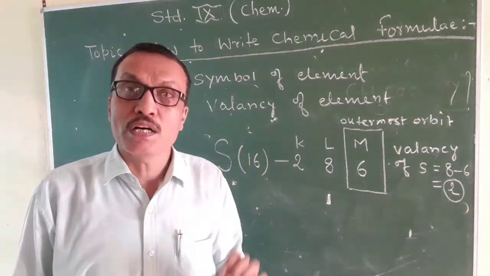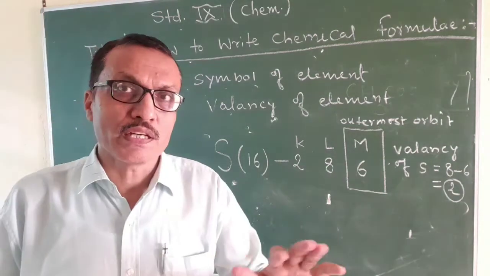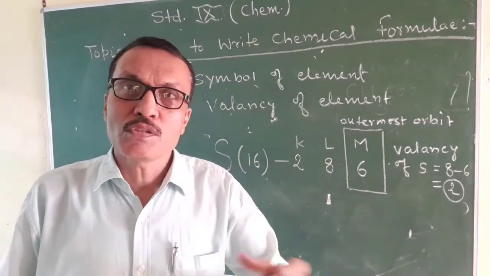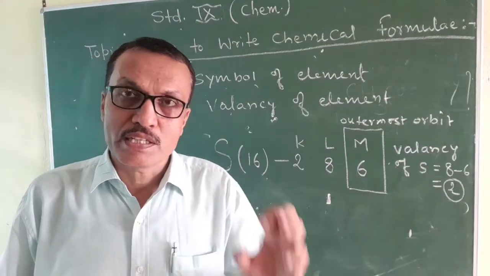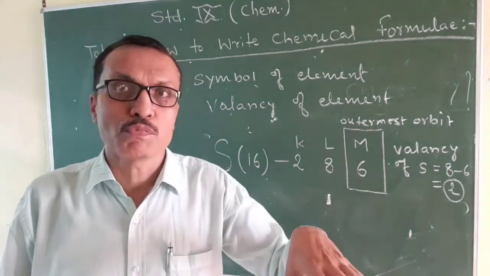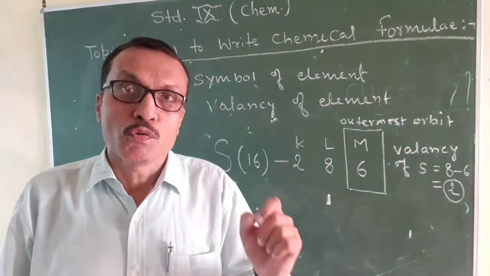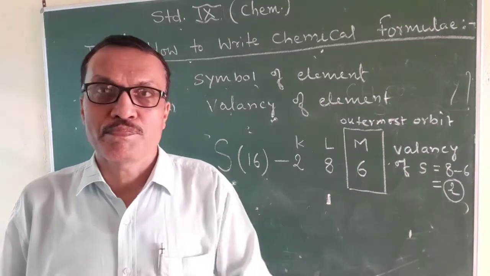Students, to know the valency of elements, you have to accommodate the electrons in different orbits according to the Bohr-Bury scheme, and you have to see the electrons present in the outermost orbit. If in the outermost orbit there are 1 to 4 electrons, then the valency will be the same.